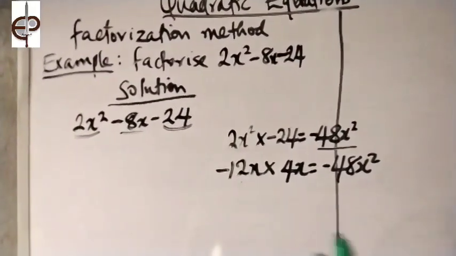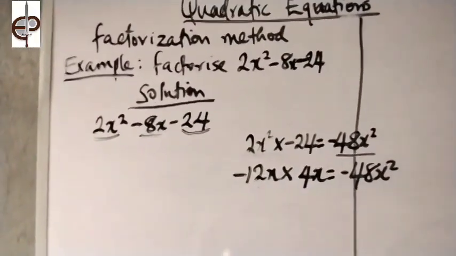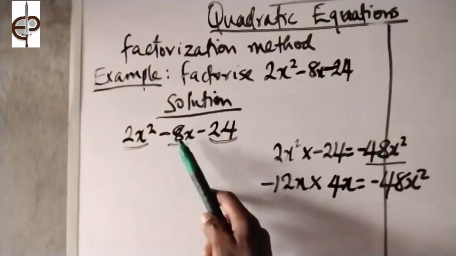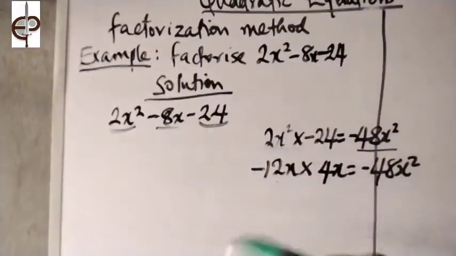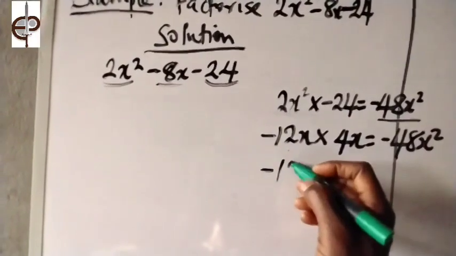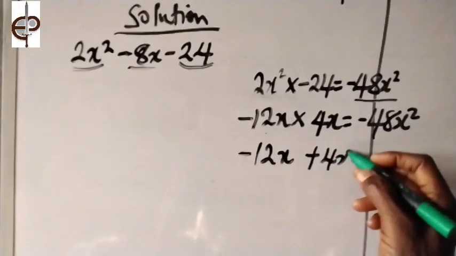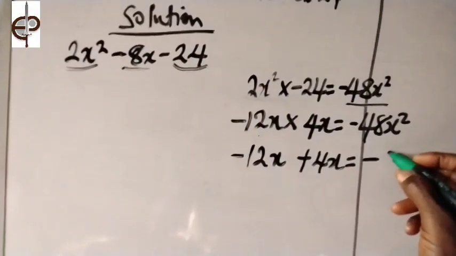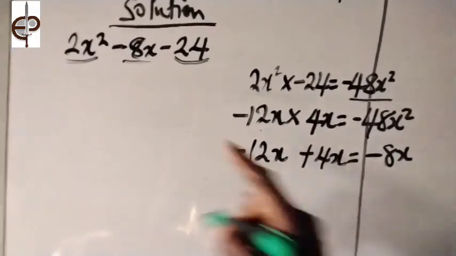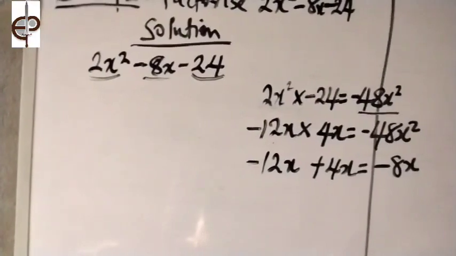Then the next thing is to add these two terms together and see if you get exactly what is in the middle here. And that will mean minus 12x plus 4x. Obviously, that is minus 8x. And that's what we have in the second term.